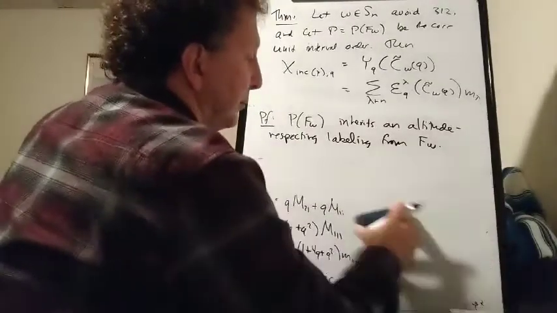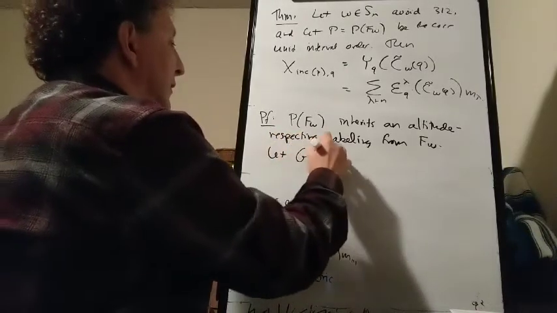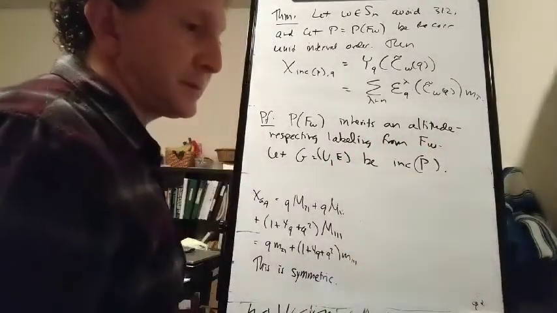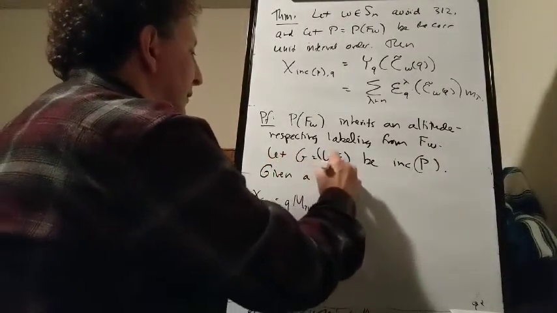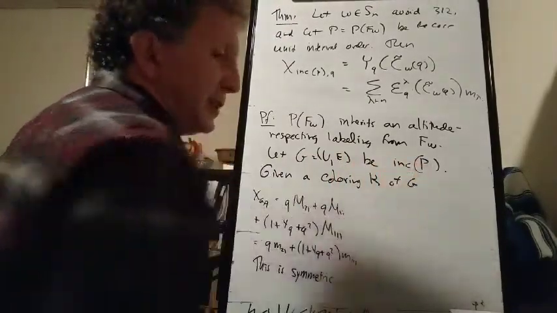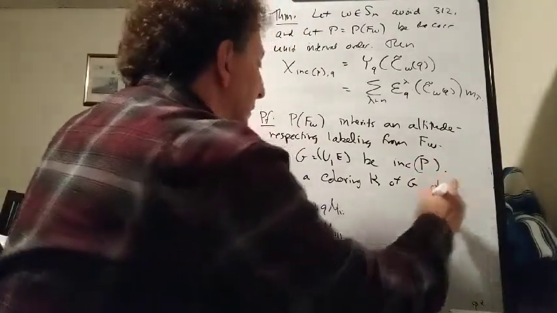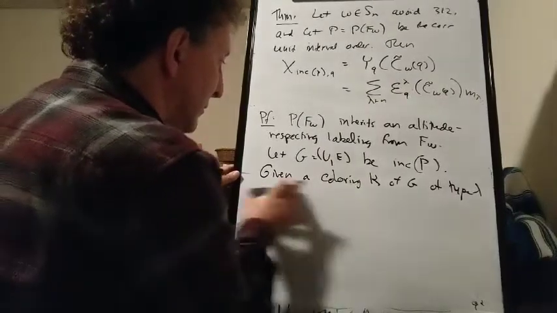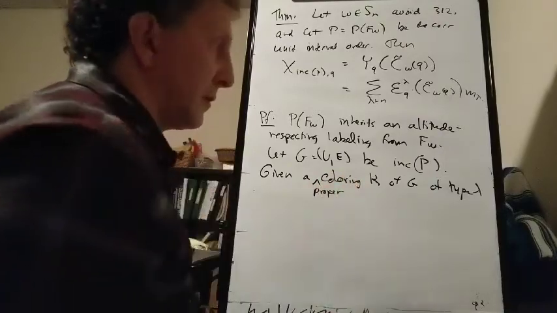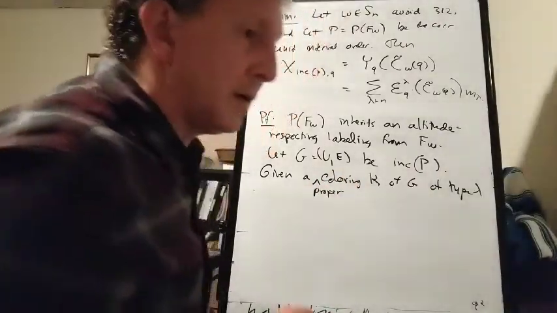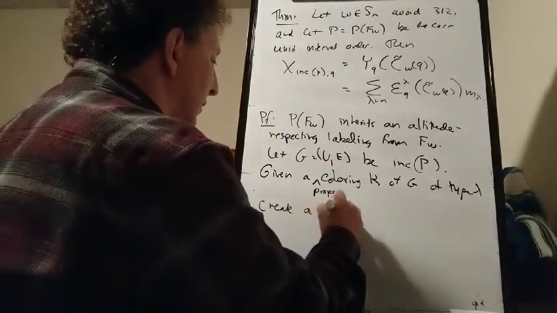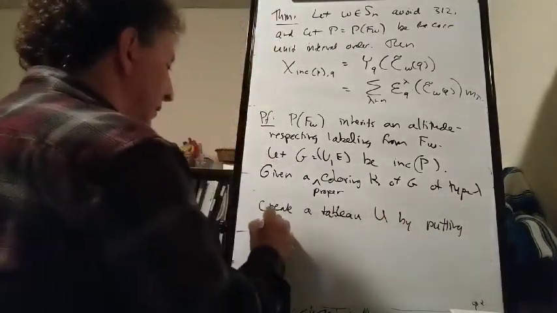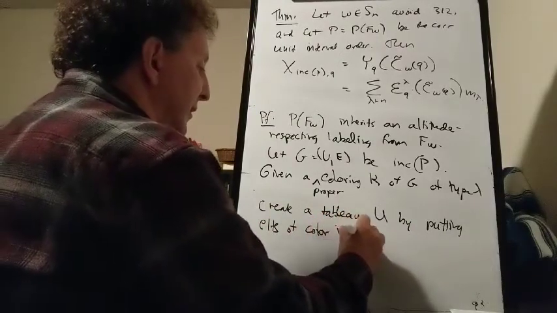Now let's let G be the incomparability graph of P, so let it have vertices V and edges E. Now if we're given a coloring kappa of G of type lambda, a proper coloring, let's create a tableau U by putting elements of color I in column I.